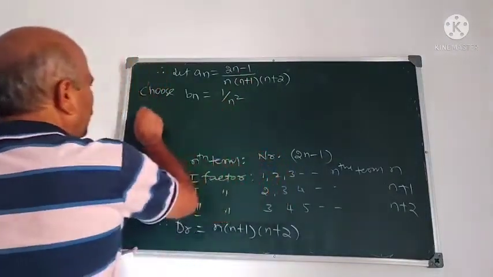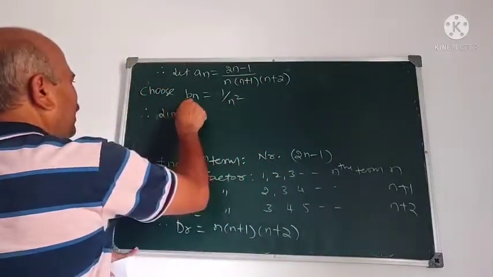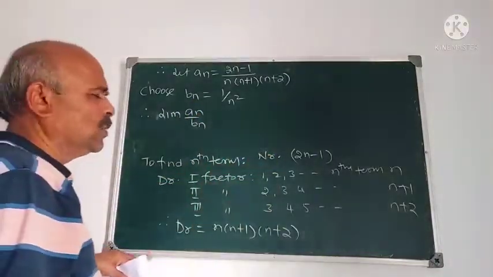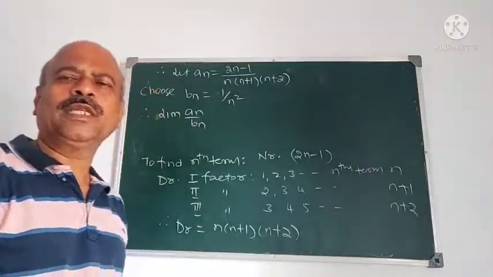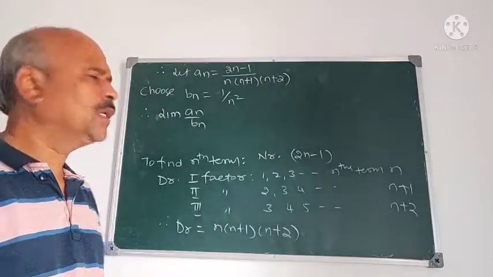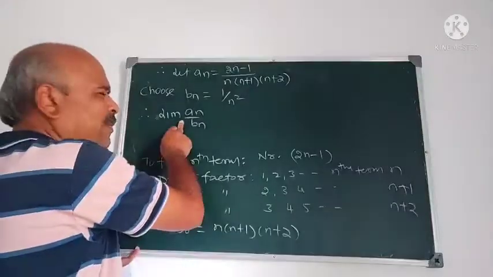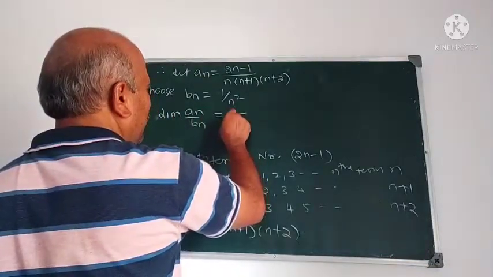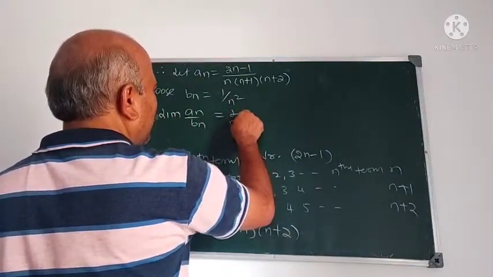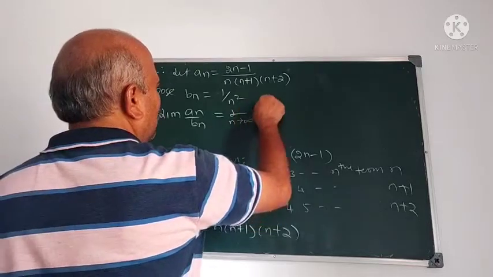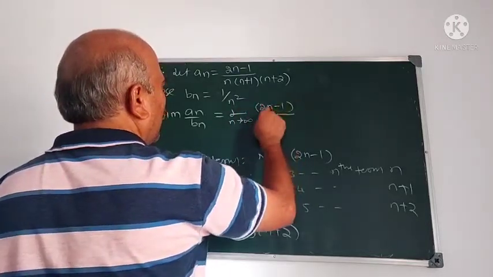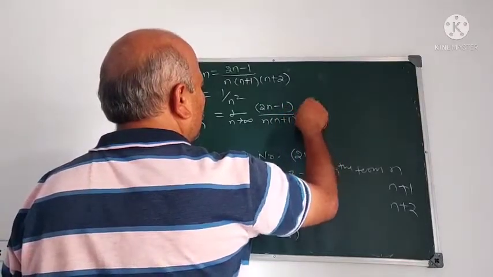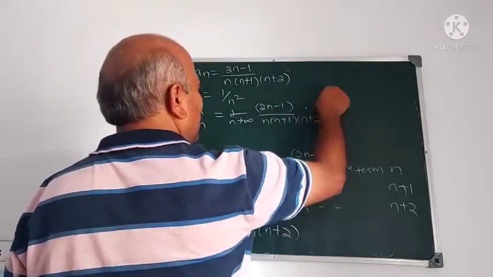N square. Therefore, limit an upon bn, n tends to infinity. If it is not specified in series and sequences, you have to take that as infinity. Limit n tends to infinity of an by bn is limit n tends to infinity of 2n minus 1 upon n into n plus 1 into n plus 2, upon 1 by n square, means into n square.